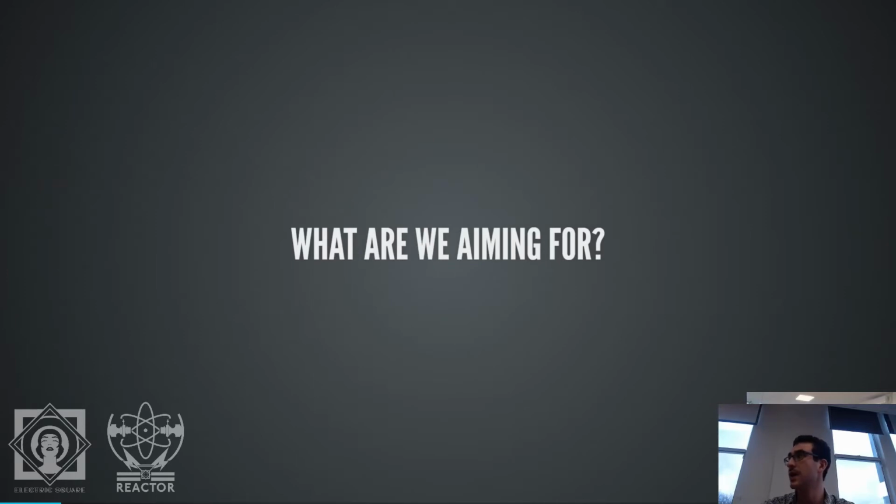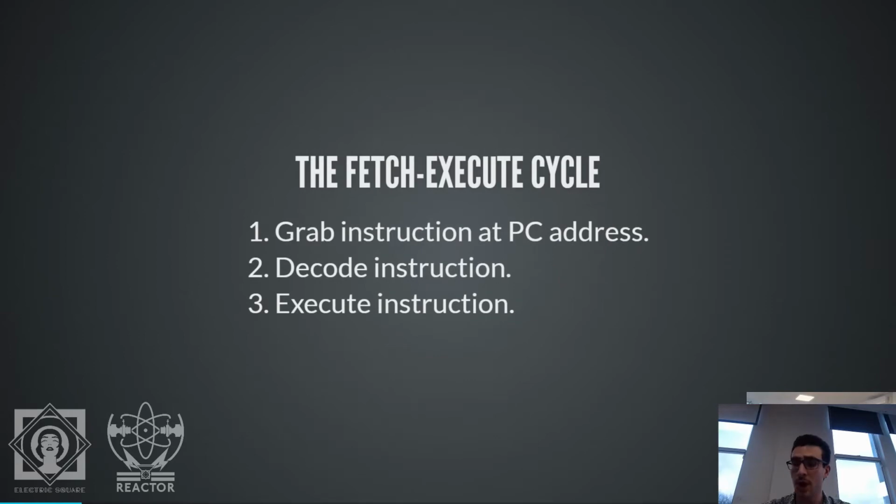So what are we actually aiming for when we talk about a CPU? At the very core, a CPU does something very simple. It implements something known as the fetch execute cycle. You have a thing called a program counter, which is just an index into a piece of memory. At that memory location and subsequent memory locations, you will have instructions that the chip is designed to be able to run.